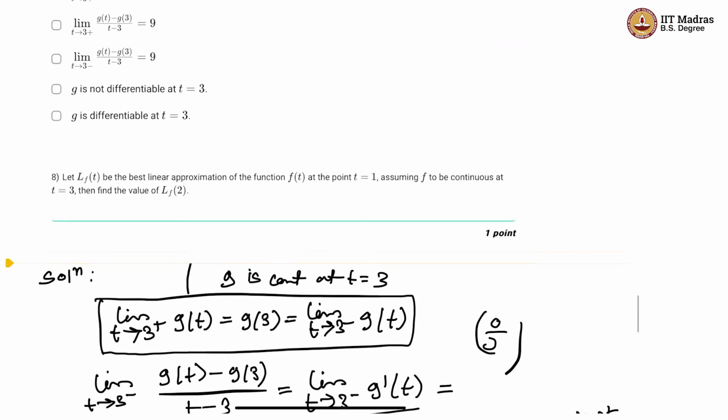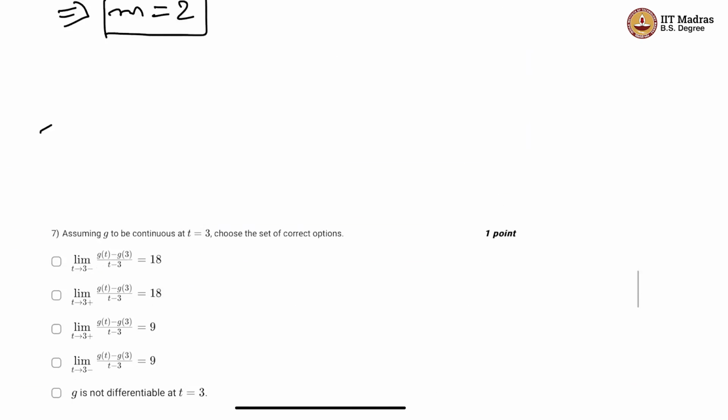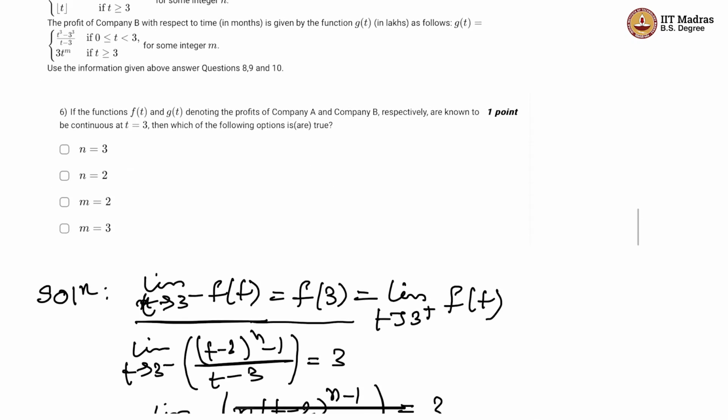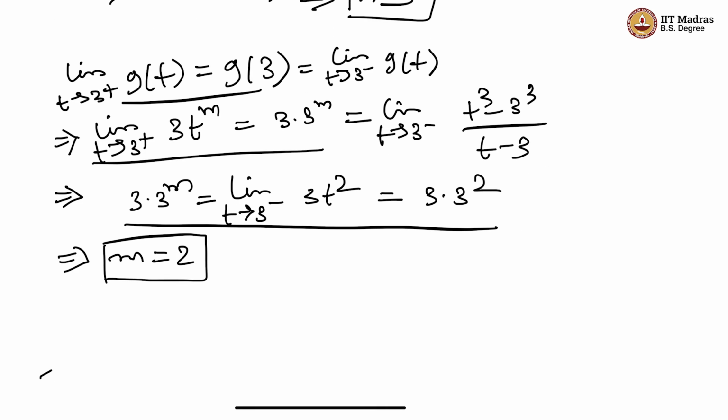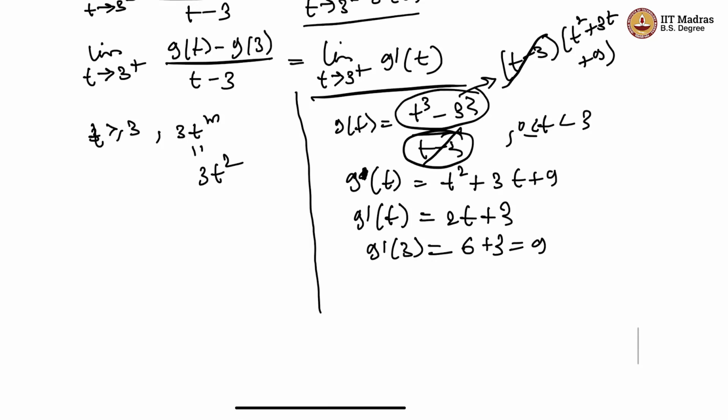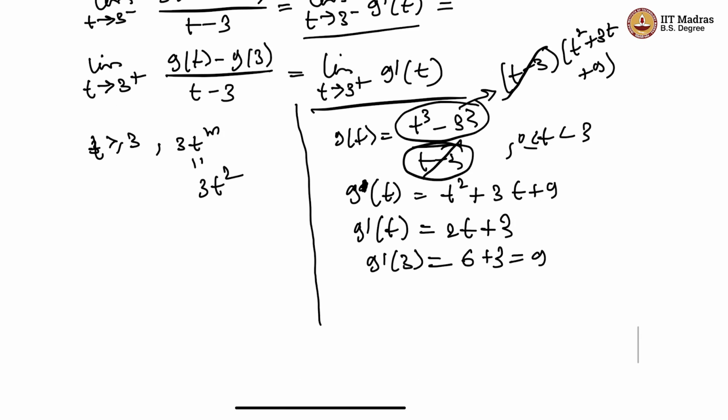Because we have that g is continuous at 3, and in problem 6 we calculated the value of m when g is continuous at 3, and the value of m was 2, right? So here we will use the value of m as 2. Now this is our g, so g dash t will be 6 into t, right? So g dash 3 will be 6 into 3, that means 18.